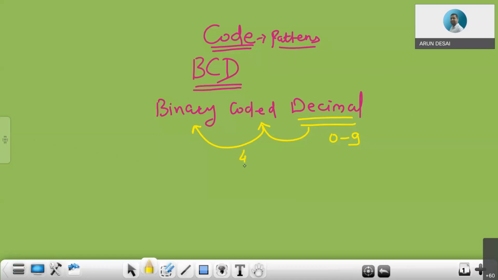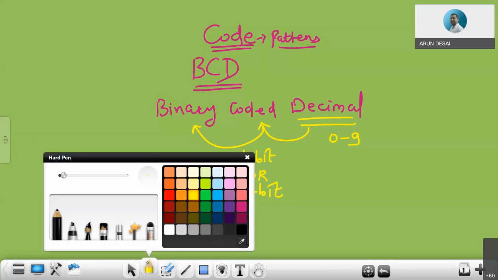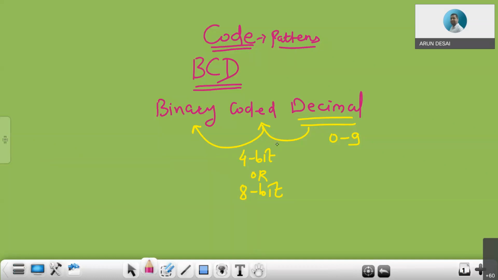It is a 4-bit pattern or 8-bit pattern, but generally they use the 4-bit pattern in huge amount. So in BCD, decimal digits are coded in binary form in such a way that there are 4 bits for each and every decimal digit.